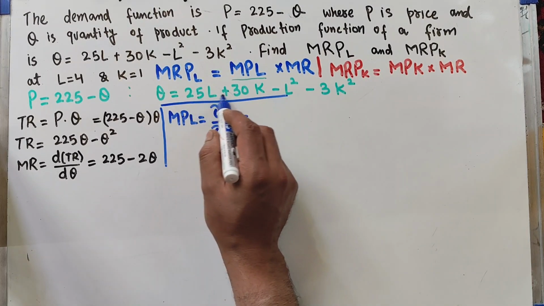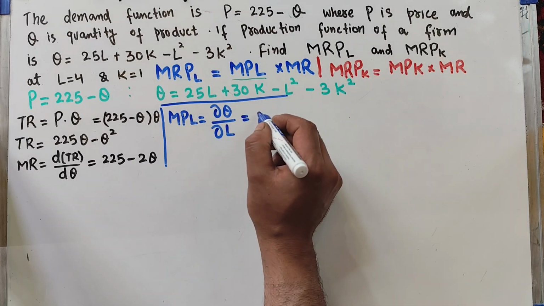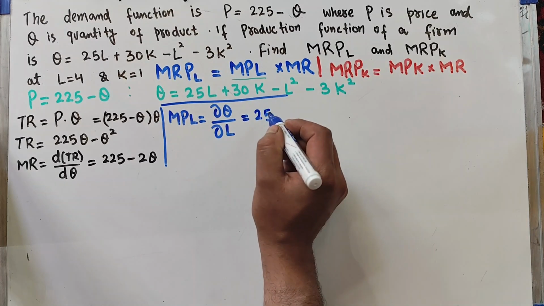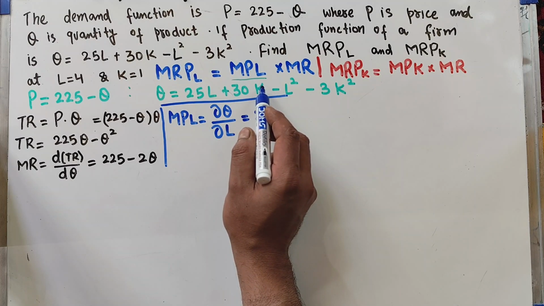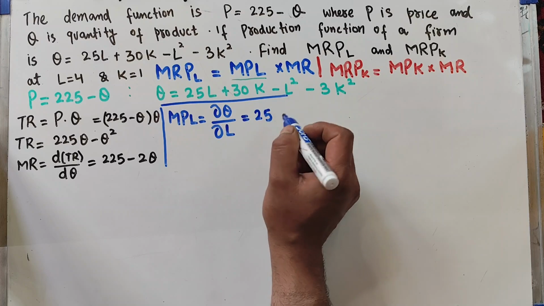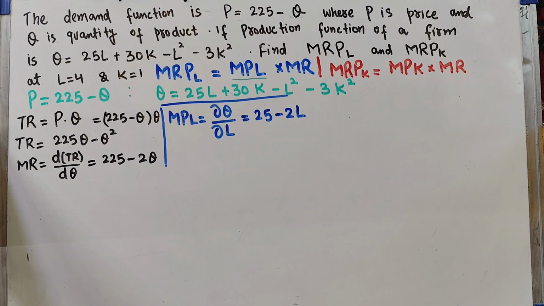That is the partial derivative of this function with respect to L. Derivative of L in the first term is 1, so we are left with 25. Since no L is involved in the second term, its derivative is 0. Derivative of L square is 2L, so we get minus 2L. This is the marginal product of labor.